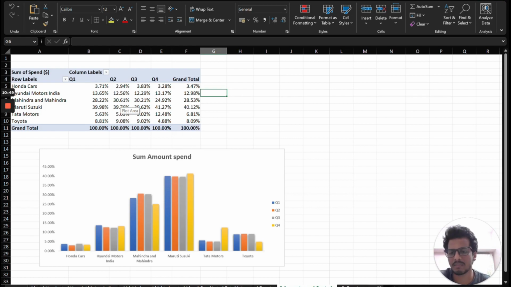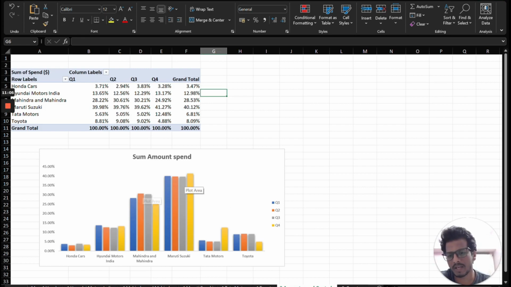By this you can clearly see that Maruti Suzuki has spent an almost equal amount across the 4 quarters, but they have spent the most money on promotion.